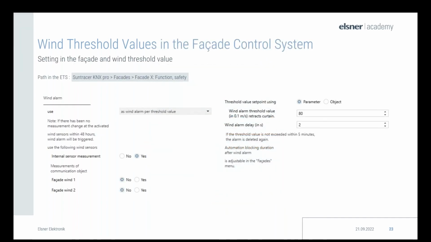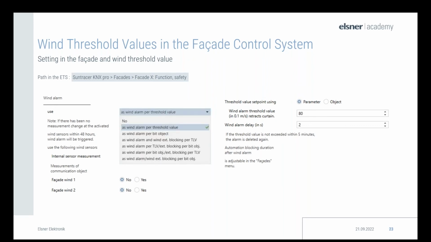Okay, now we will discuss the setting of the wind threshold values in the facade control system. In my example, I used the wind alarm by a threshold value. Since I used the wind value measured by the weather station, I have selected the measured value from the internal sensors.